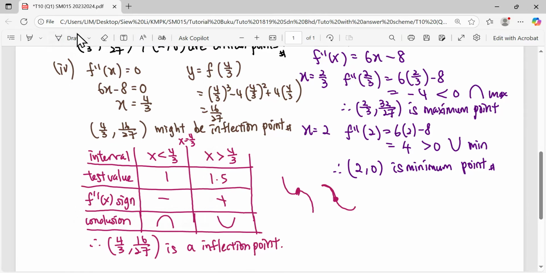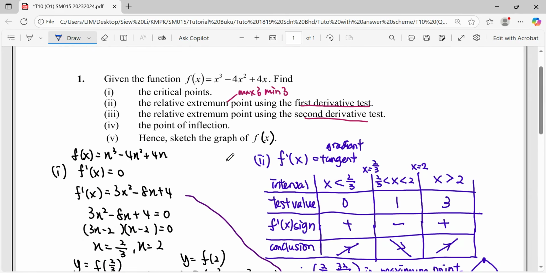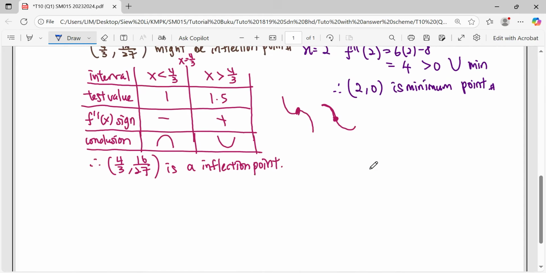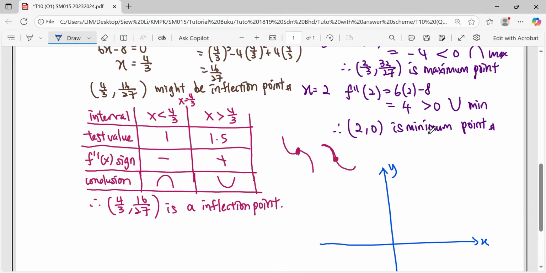Then lastly, for our question in task number 5, we are going to sketch this graph. We use all these maximum and minimum points, we plot them, and we are going to sketch it. First of all, label your x-axis and label your y-axis. Now we start to plot your points one by one. You have the maximum point at 2 over 3 and a positive coordinate, 32 over 27.